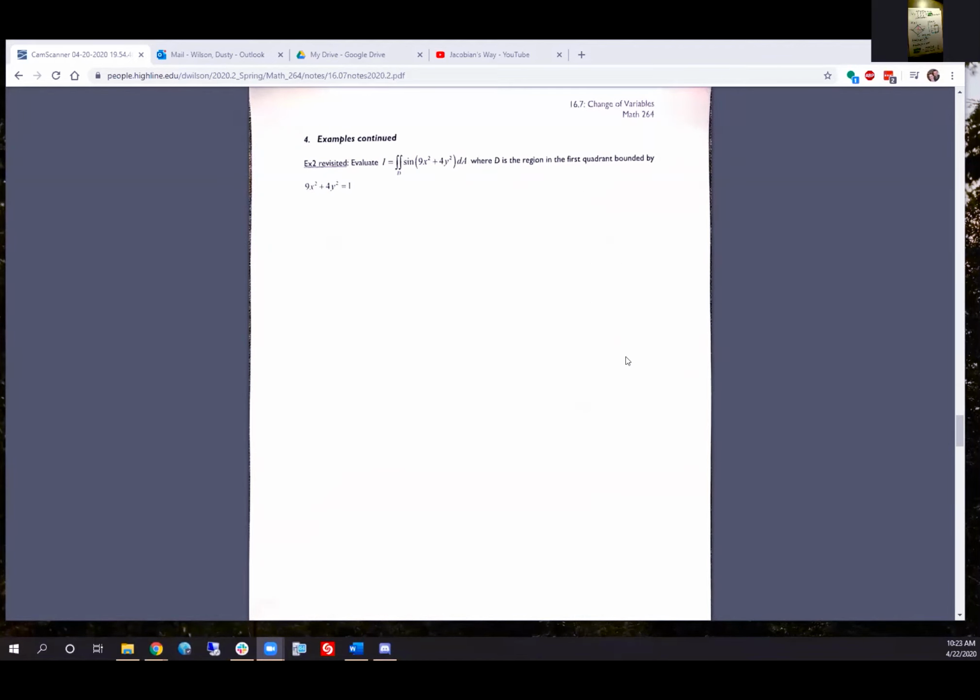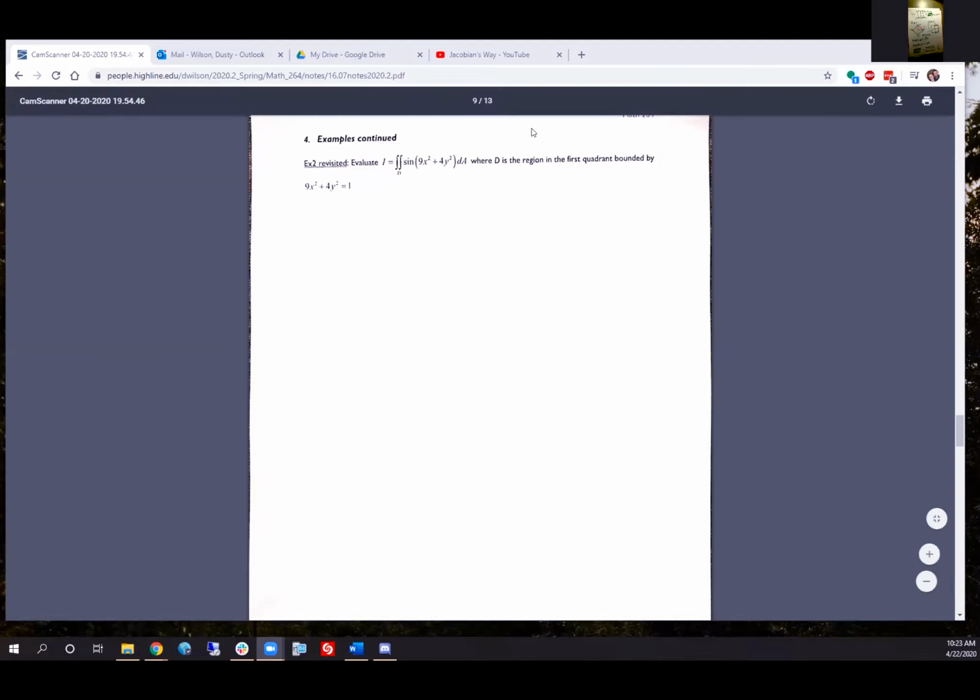So when we were working on this yesterday, we had a couple of examples that we set up and left without a specific scaling factor. So I'd like to continue those questions and see if we can work them through to their completion.